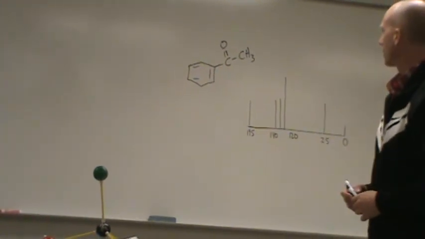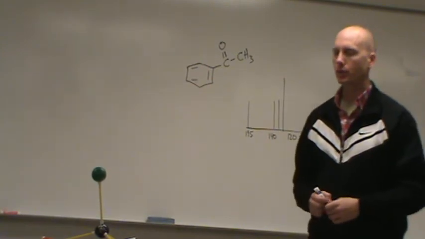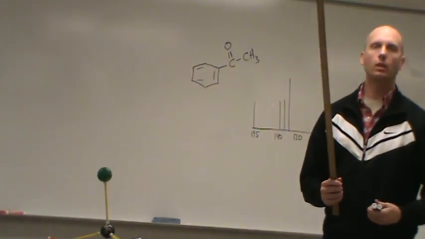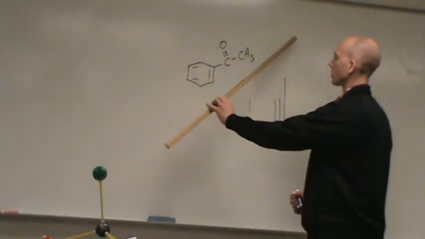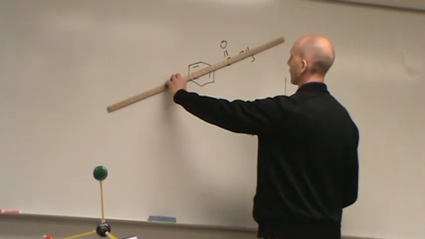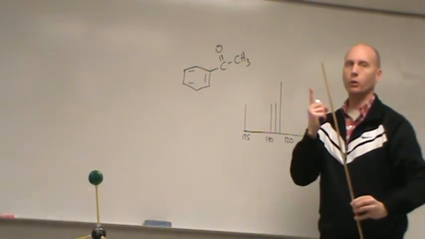Well, let's figure out the other peaks. First of all, let's ask, is there a plane of symmetry in this molecule? Okay, students always say no, but there is one. Okay, it's right here. Say why, how could that be? What happens is this bond is rotating very quickly.